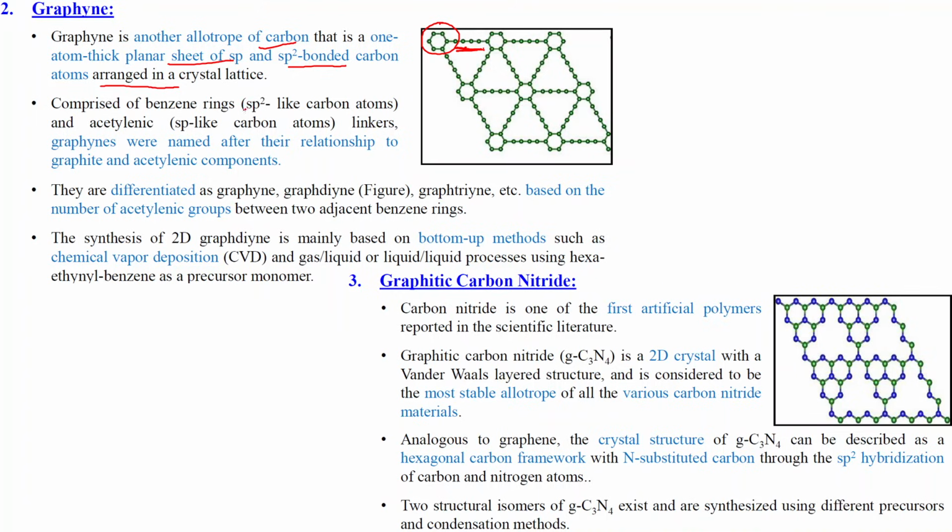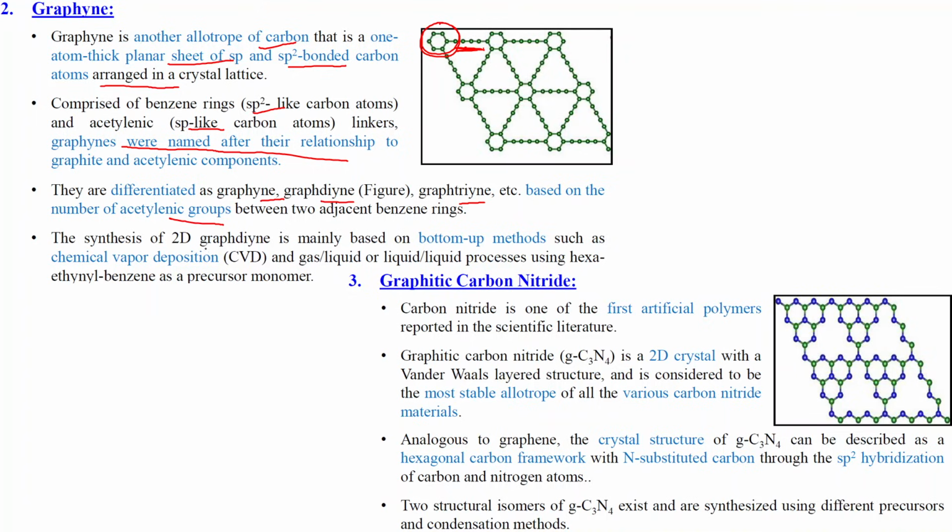So basically, this is the acetylene chain, and this is the benzene ring. Joining this acetylene and benzene, we got the name graphyne. Okay. So comprised of benzene rings, which are sp2 hybridized, and acetylenic chains, which are sp-like carbon atom linkers, graphynes were named after their relationship. Okay, so they are differentiated as graphyne, graphdiyne, and so on, depending on how many hybridized carbons there are between the sp2 hybridized rings, the name of the nanomaterial changes based on the number of acetylene groups between two adjacent benzene rings.